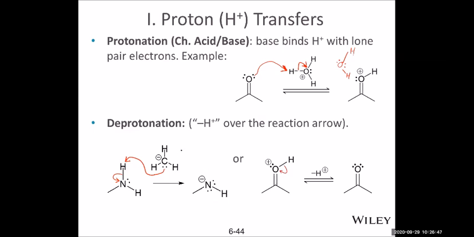And the other product is the methyl anion, a carbanion, which gains a proton and becomes methane. So this is the other product. Oftentimes it is a byproduct. So deprotonation is very similar.